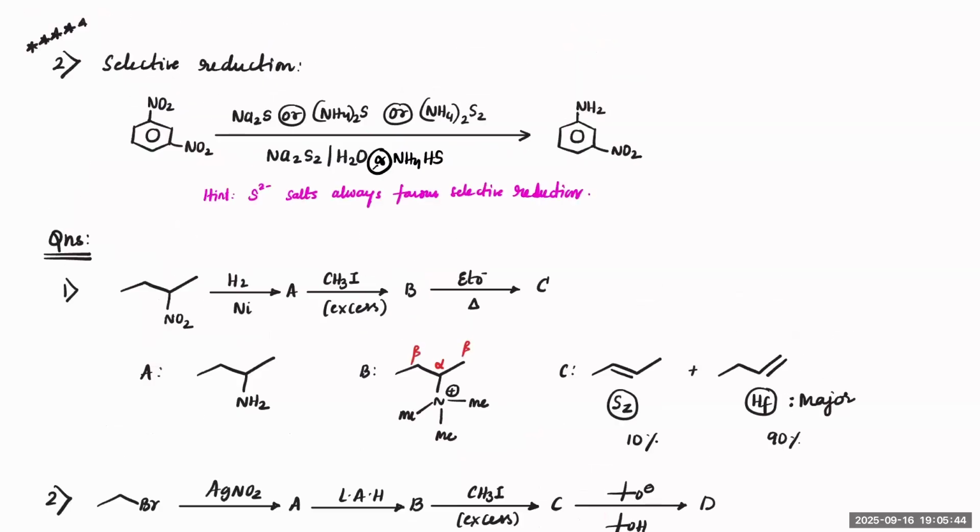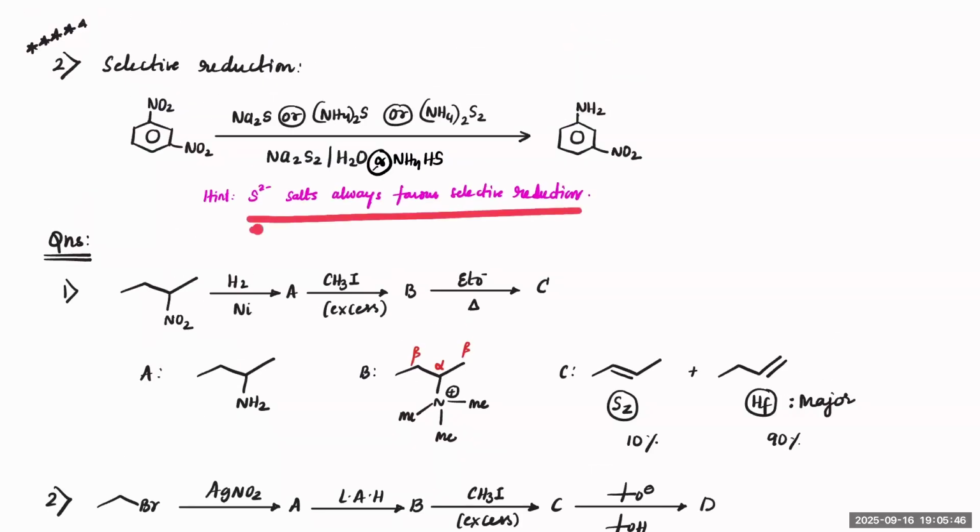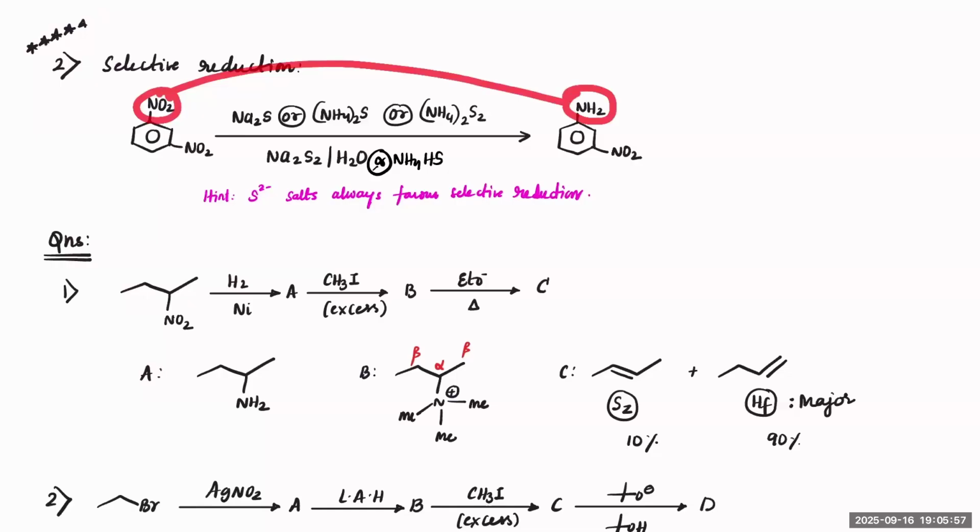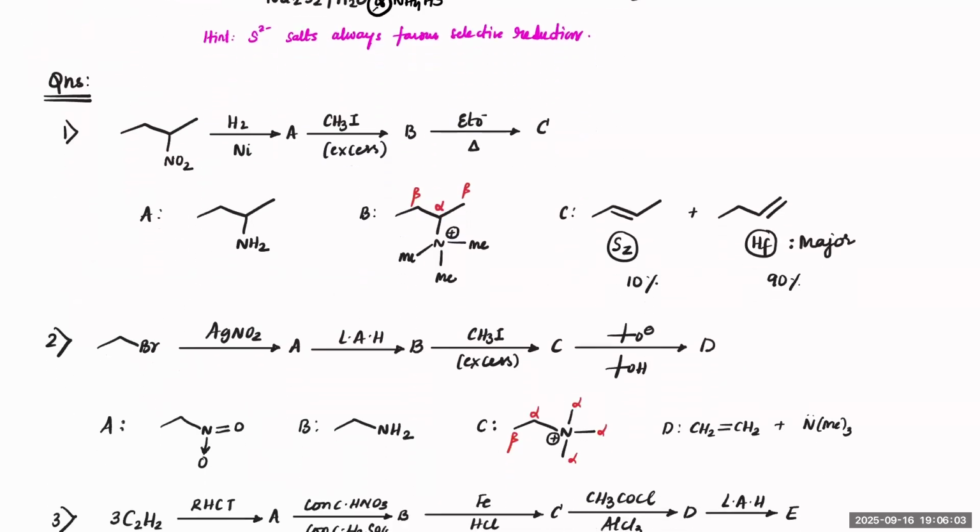For that, we require only one thing, that is sulfide salts, S2 minus salts. As long as you have S2 minus salts, the NO2 group present will convert into an NH2 group.